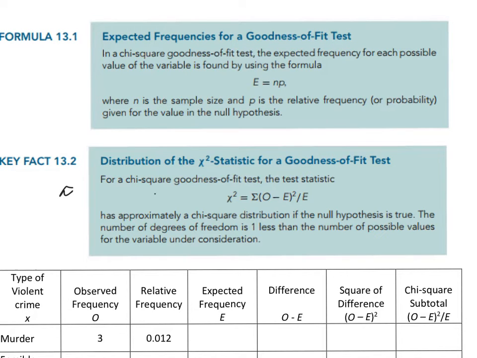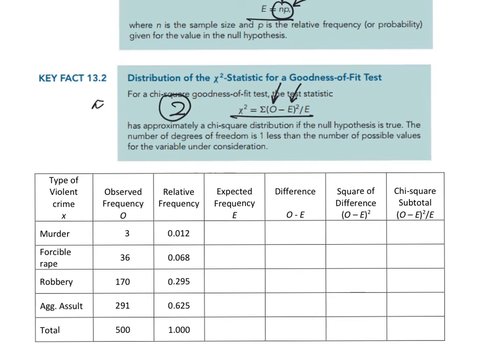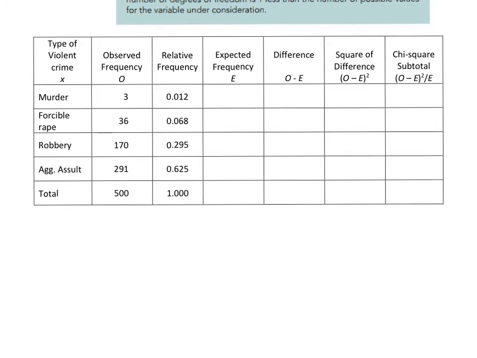To get the test statistic, we need the observed count O and the expected count. The expected count is N times P, where N is the sample size and P is the proportion. Here is the work table, so let me try to get the test statistic.